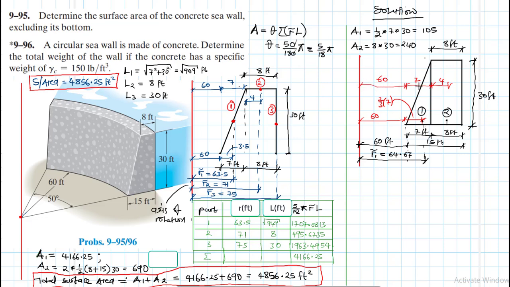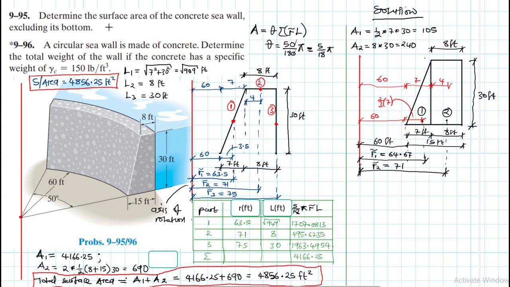So it's 7 plus 60 plus 7, which is 67, plus 4, which is 71, right? So we take this one down like so. We draw a line, which is our centroid location. This one is equal to 71 feet.